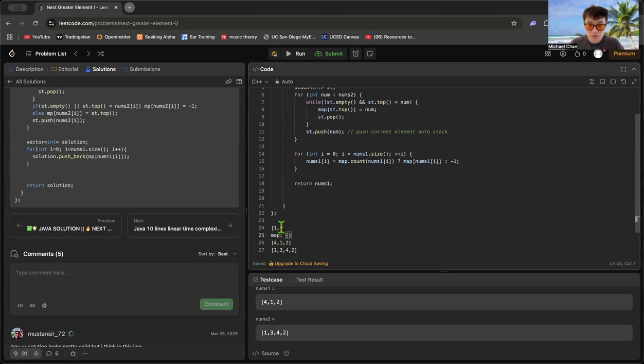Top, which is one, is smaller than three. Therefore, map one to three. And then you pop it, and then you push three. Three to four, therefore, you push four.